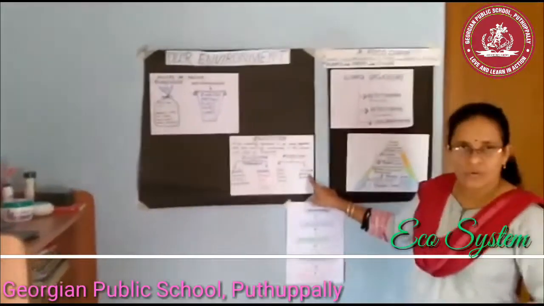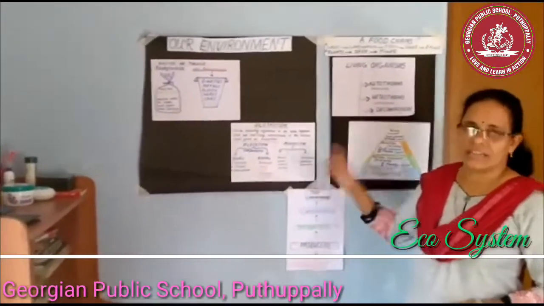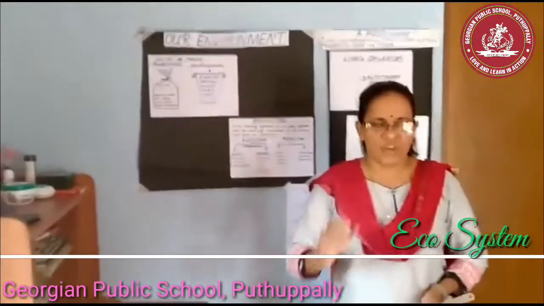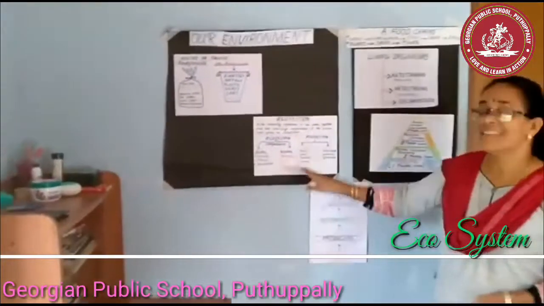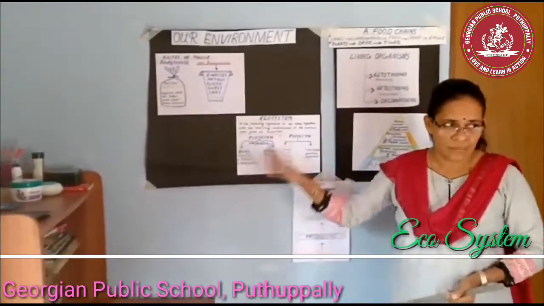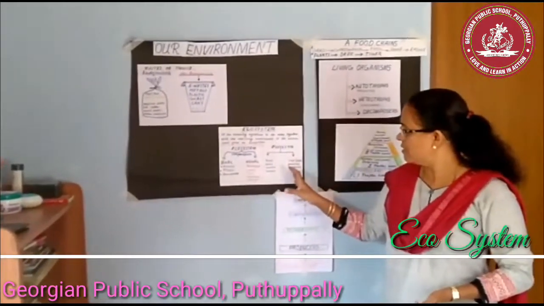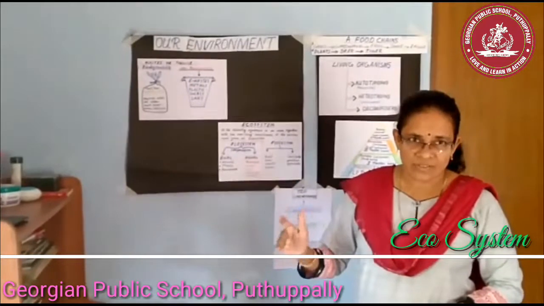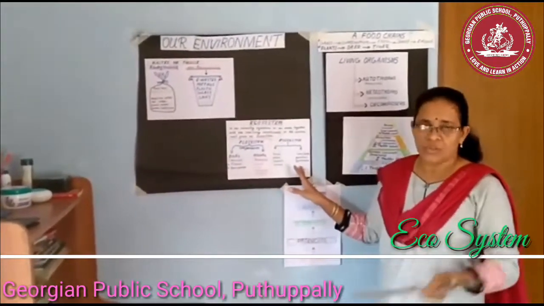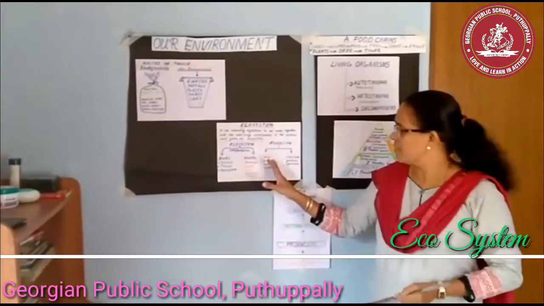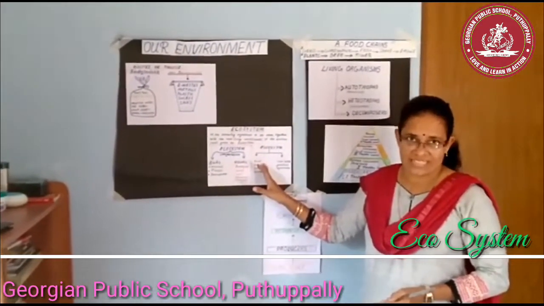Then cropland and garden. Is there any difference between these two? Yes. First one is natural. It is there in the nature itself. But second one, artificial or man-made. So we can tell that in the nature, two types of ecosystems exist.